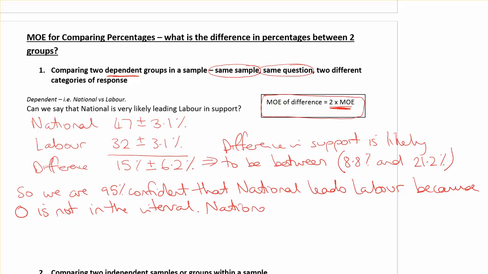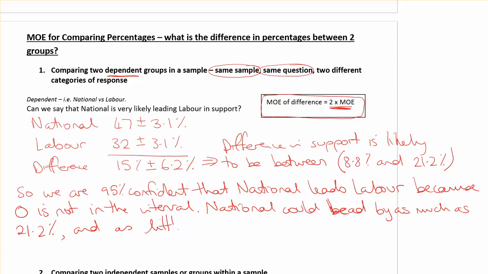National could, let's change that to lead, could lead by as much as 21.2% and as little as 8.8%. But still, we can clearly see that the difference is positive, so that National is always in the front.